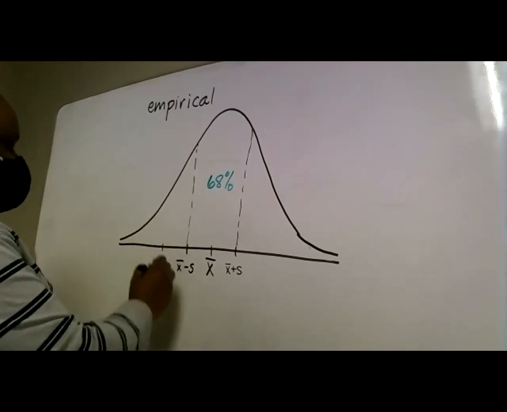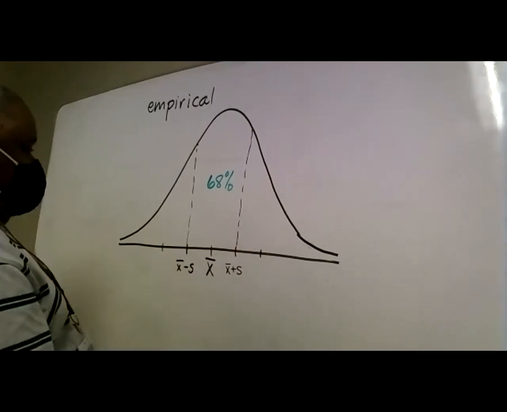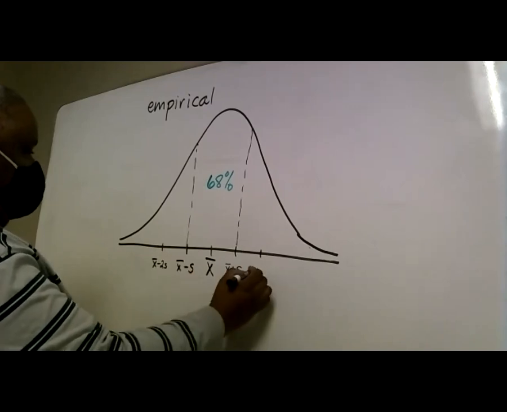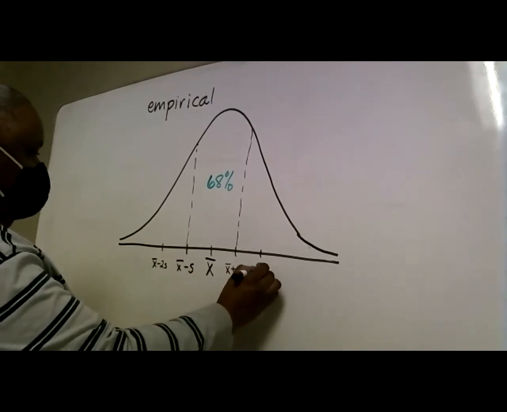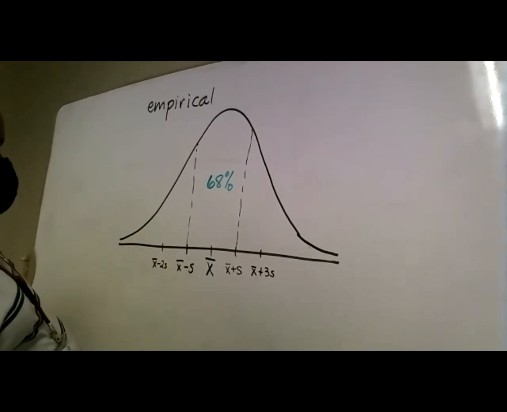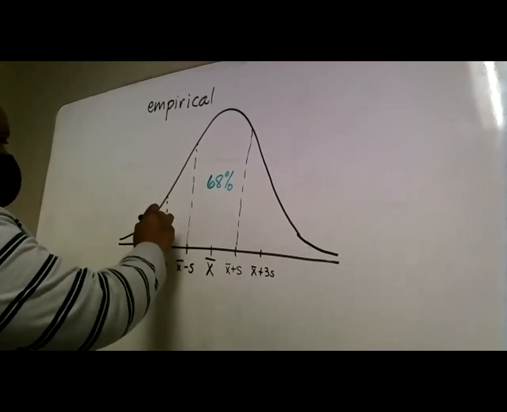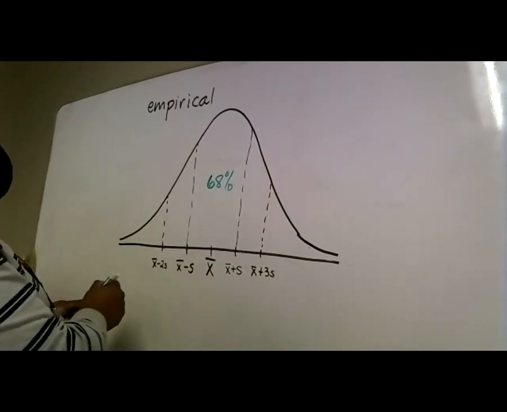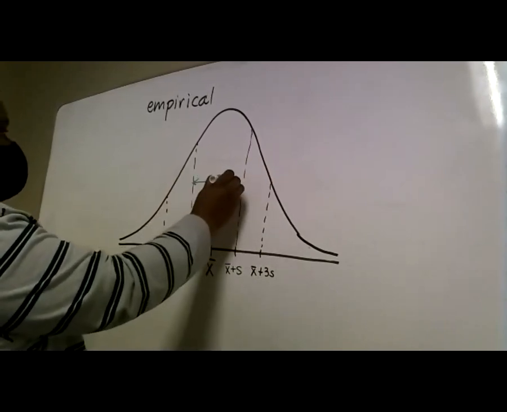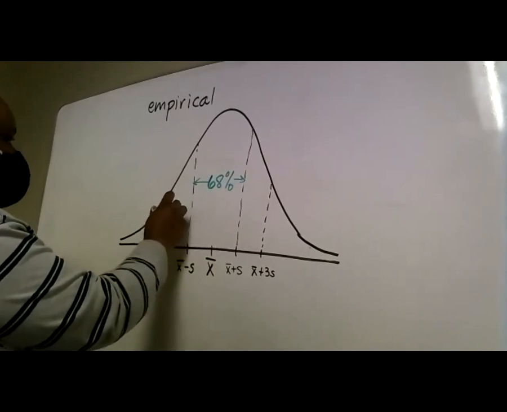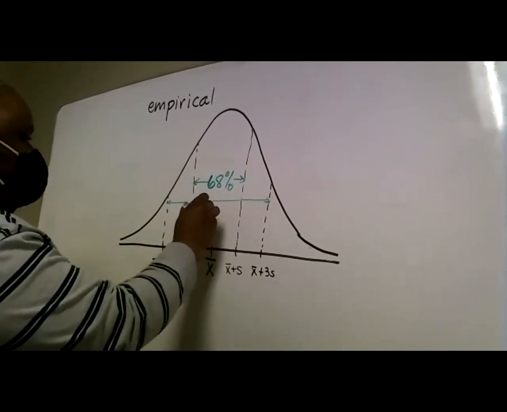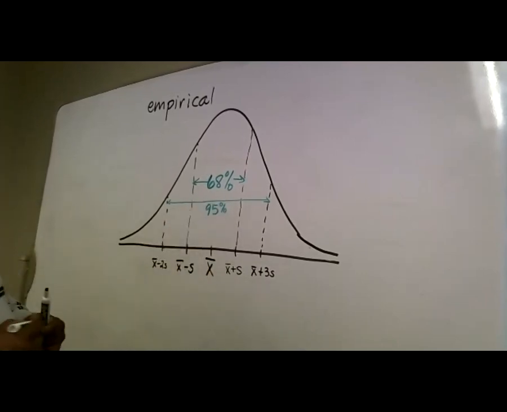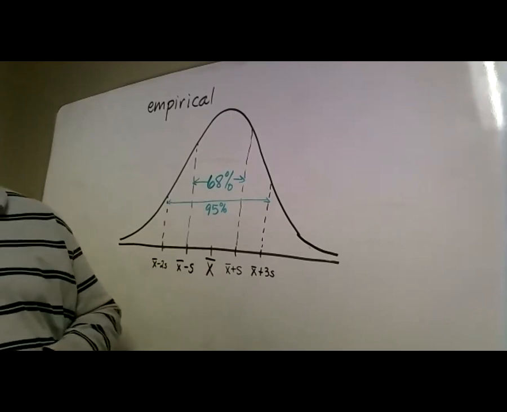And then if I go another standard deviation below and above, this will be X bar minus 2 standard deviations, and this one will be X bar plus 2 standard deviations. So from here all the way out to here, that's 95% of the data values within 2 standard deviations of the mean.